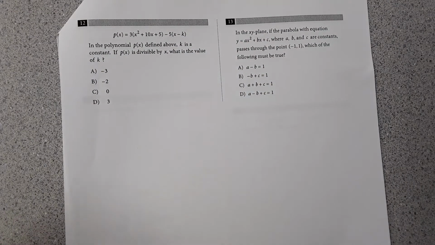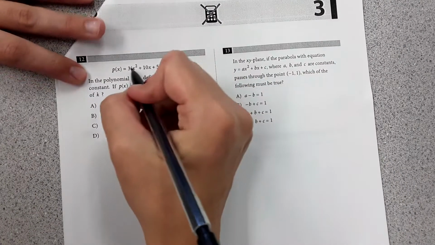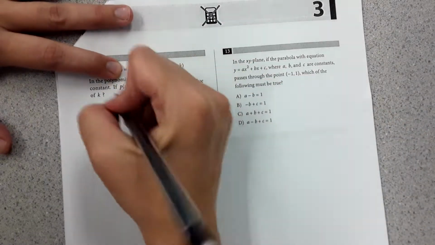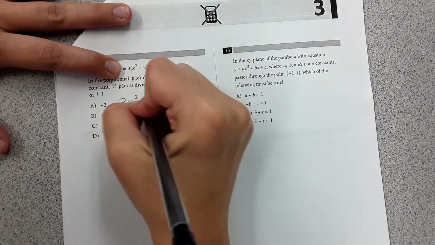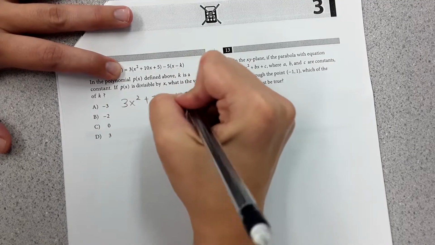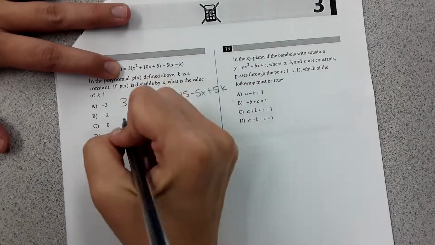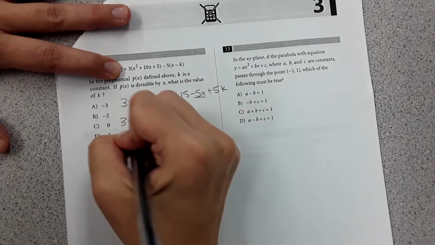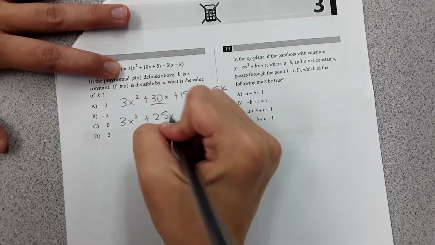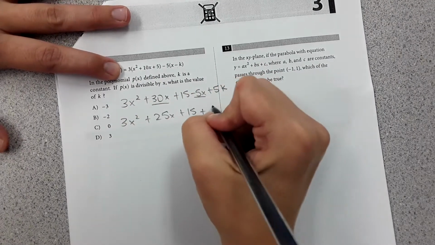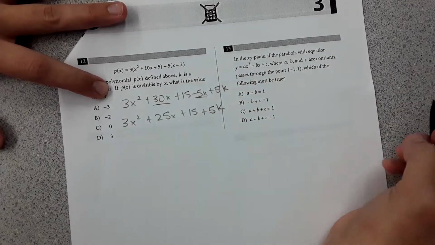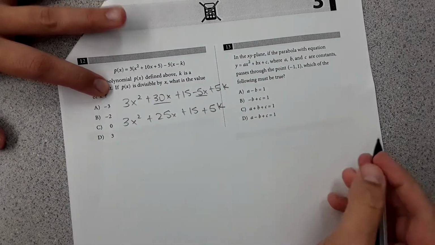Number 12. Okay, so what we're going to do is distribute and simplify this first. I have 2 like terms here that I will combine. The question says that the entire thing is divisible by x.